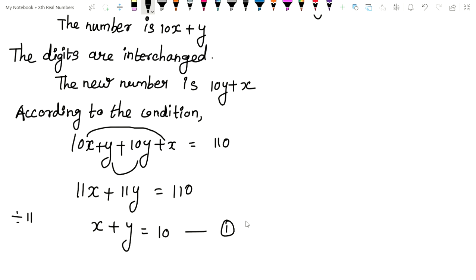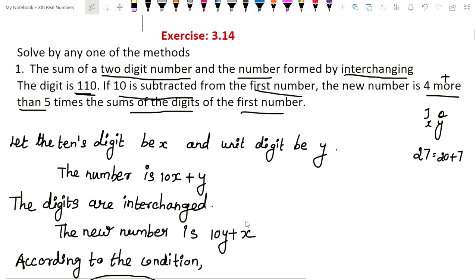Okay. And what is the second condition, children? See the question. If 10 is subtracted from the first number, that means 10x plus y. Okay, 10 is subtracted from that. What you are getting? The new number is 4 more than 5 times the sum of the digits of the first number.